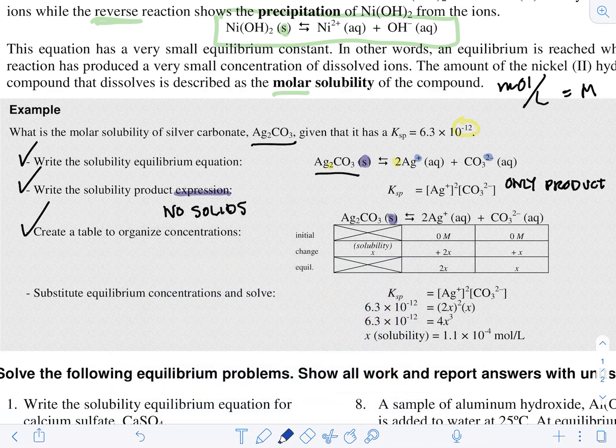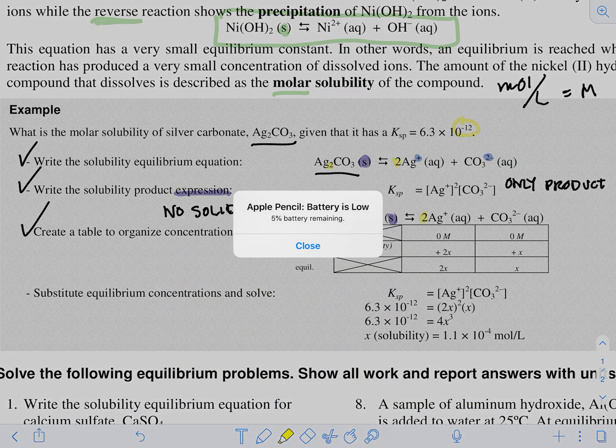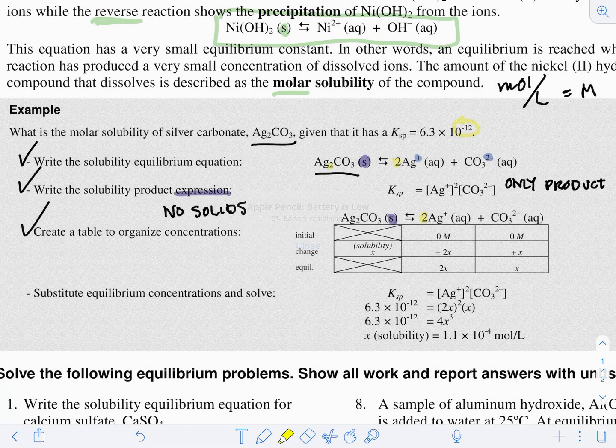Once again, they also show the fact that we have coefficients, and the coefficient becomes part of the expression. Since there was a 2 there, we are adding 2x. And carbonate, because it has an understood 1 there, is essentially just a positive x.